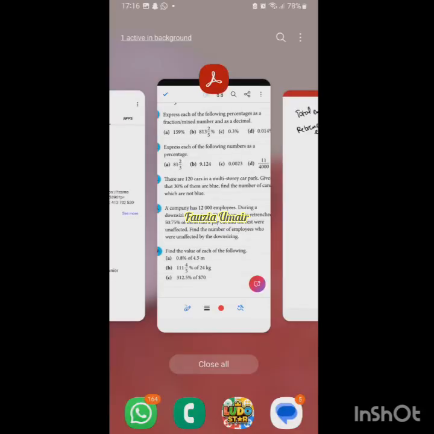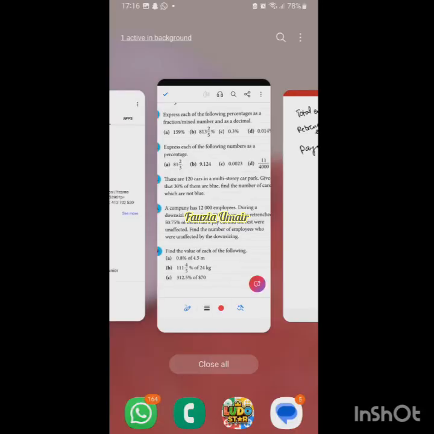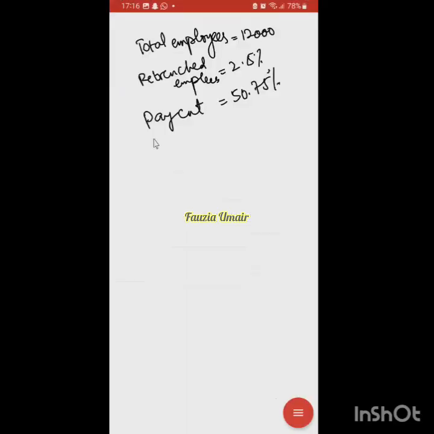So then how many had a pay cut? 50.75% had a pay cut. And lastly हमारे पास कौन है? Unaffected. So बाकी के लोग unaffected हैं ना? So कितने लोग हैं बाकी जो unaffected हैं?